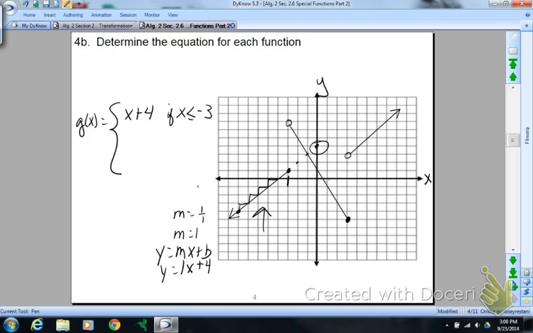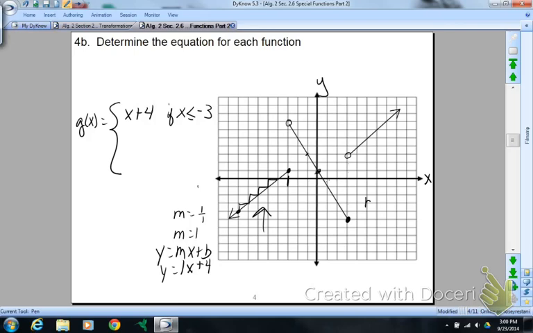Y'all agree with that? Okay, now the second line, I'm going to erase this. The second line, I've got to look right. I can see on the graph that it is hitting my y-axis at what point? 1.